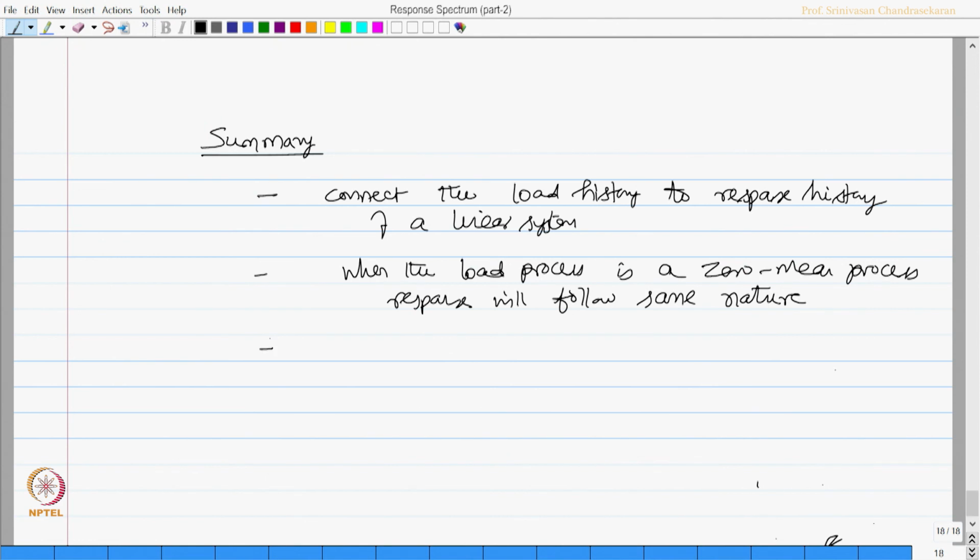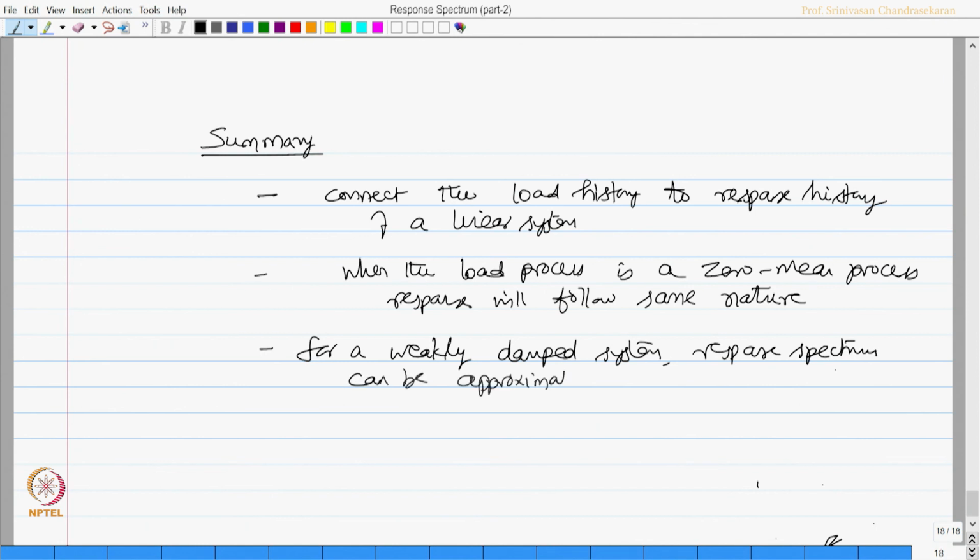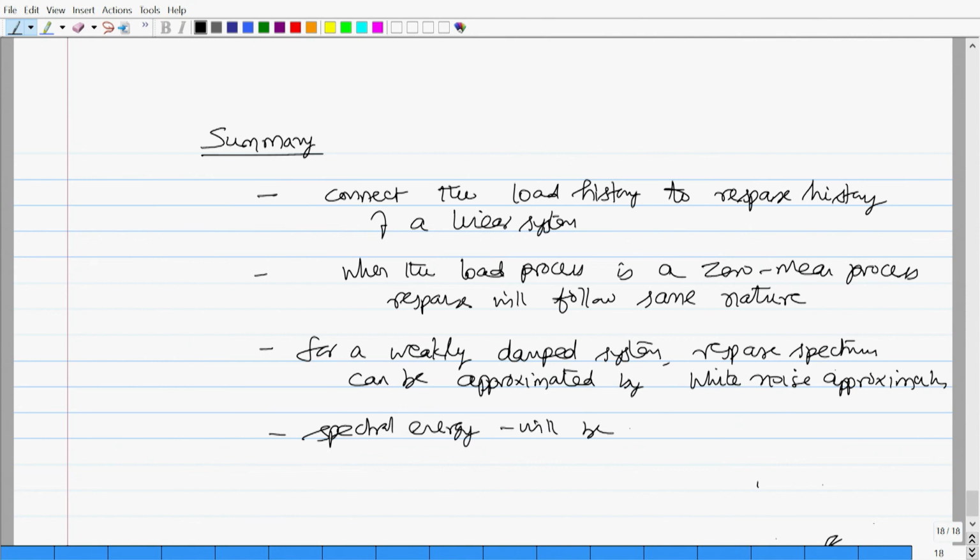Further, for weakly damped dynamic systems, the response spectrum can be approximated by white noise approximation, where the spectral energy will be epicentered around the resonance frequency only.